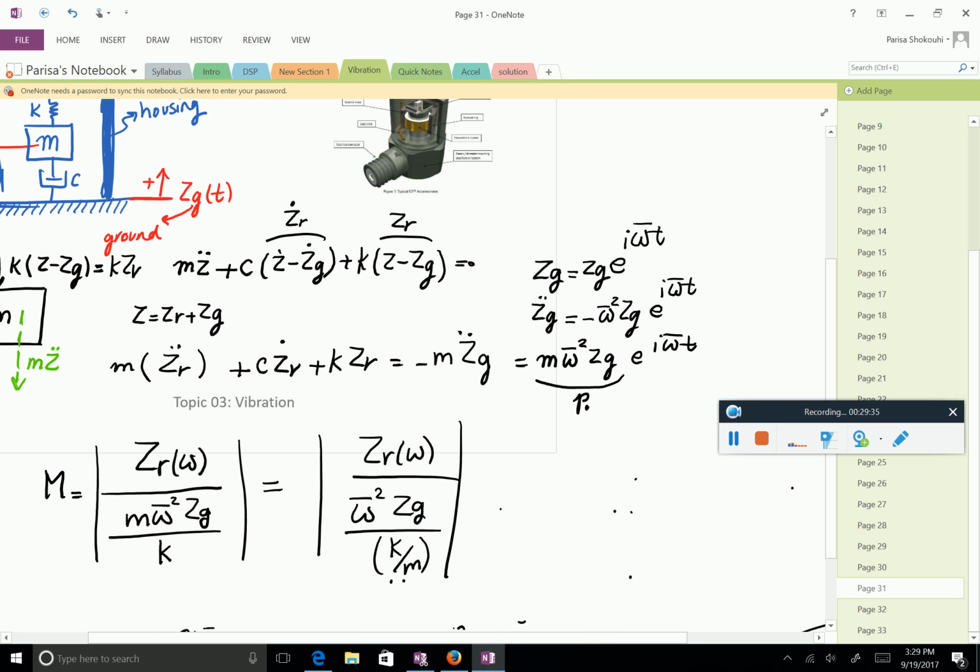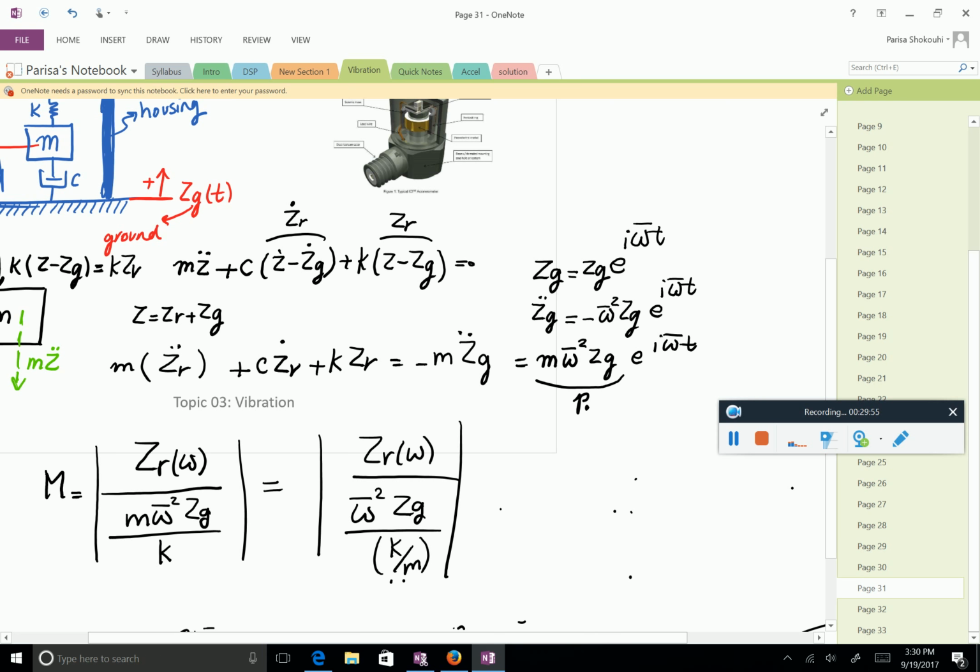Yes? I don't understand the step where you say m z_r double dot plus c z_r dot plus k z_r equals negative m z_g double dot. I don't understand that transition. This one? Yes, to the next step.